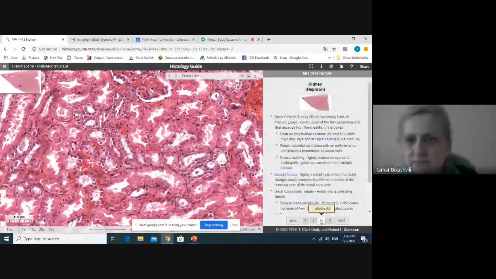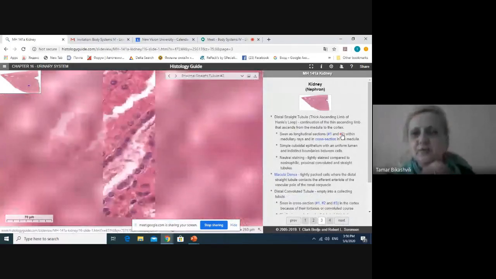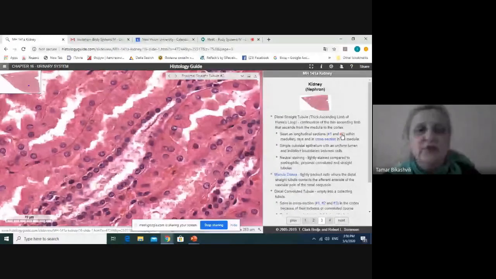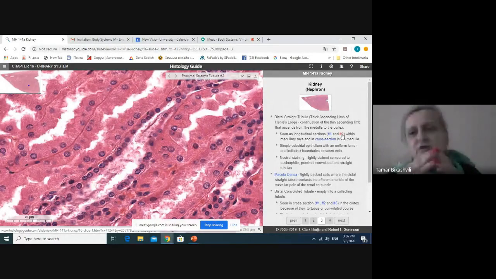Now, the distal straight tubule, but this is a longitudinal section. So what is the distal straight tubule? From the thin tubules of the loop of Henle starts the thick ascending, the distal straight tubule, which runs back again to the cortex.